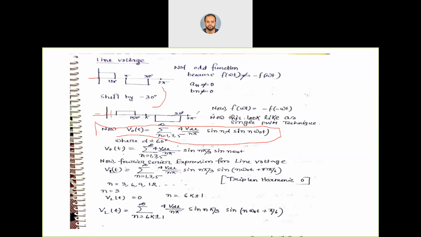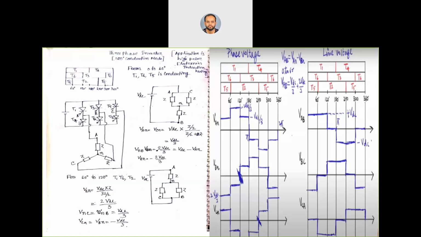So if we go back to our first figure, here we can see that it is conducting up to 180 degrees.